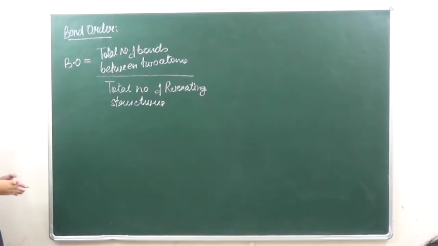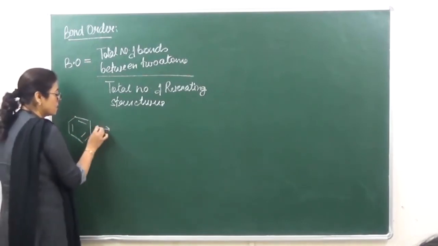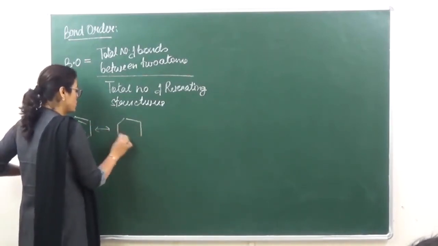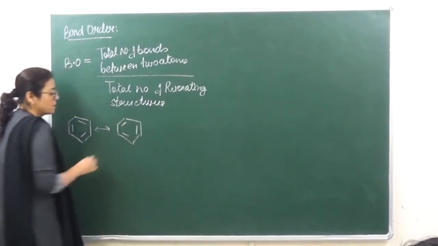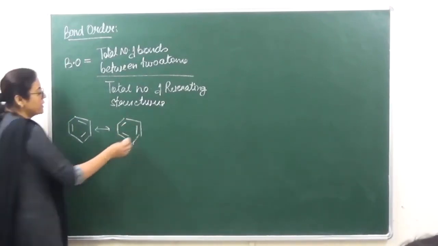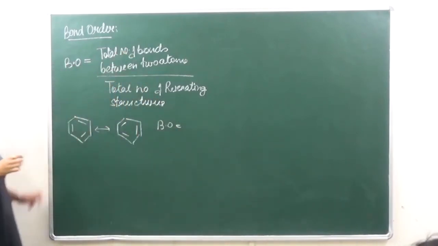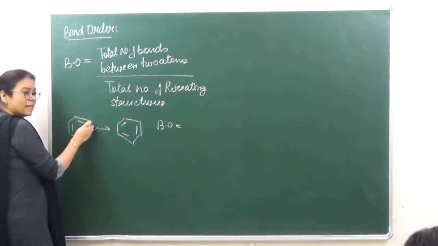जैसे for example, let's calculate the bond order for benzene. This is the resonating structures of benzene. ठीक है, ये आ गया. अब bond order हमको calculate करना है. So total number of bonds between two atoms. When we talking of two atoms, this and this, right?